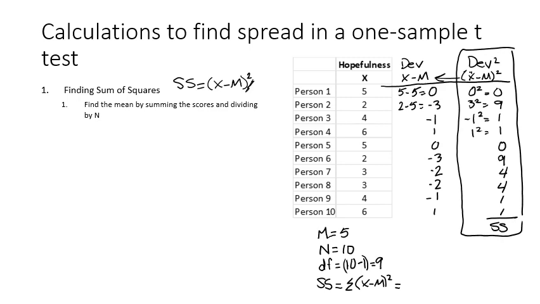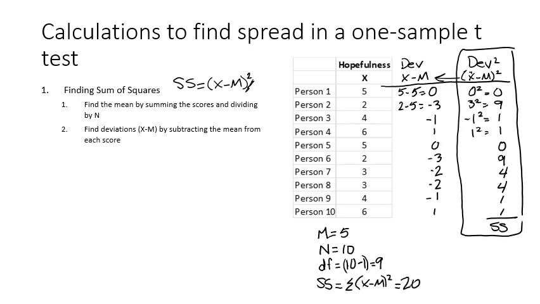And I have already done that in a spreadsheet, so I'm going to pull that up. And if we add up all those deviations, we get 20.